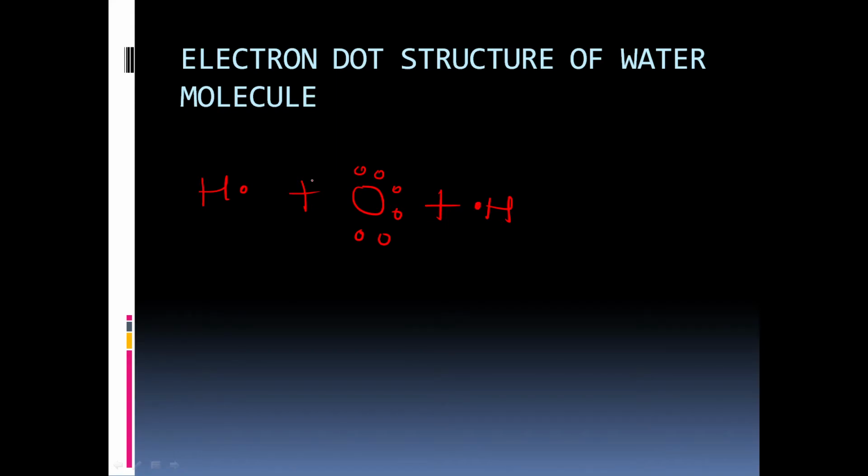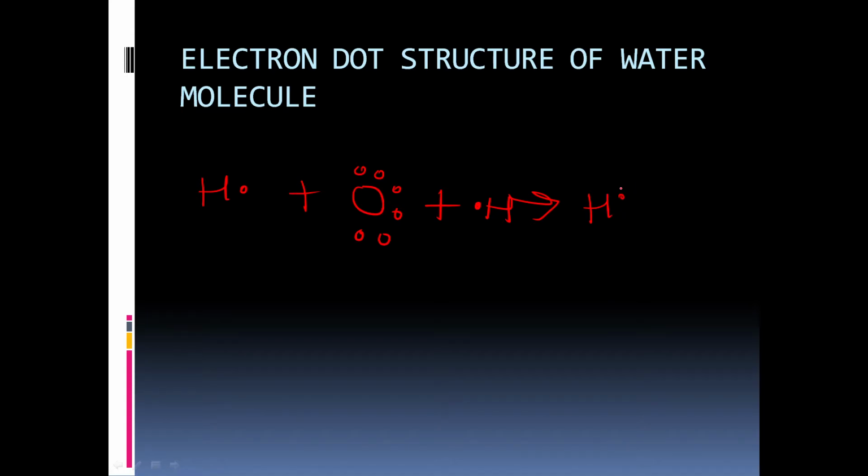So when they all combine, what do they form? They will group themselves together and form a water molecule, right? So you can see these have combined together, because oxygen wants to complete its octet and hydrogen wants to complete its duplet, right? So when they combine, let's see that.